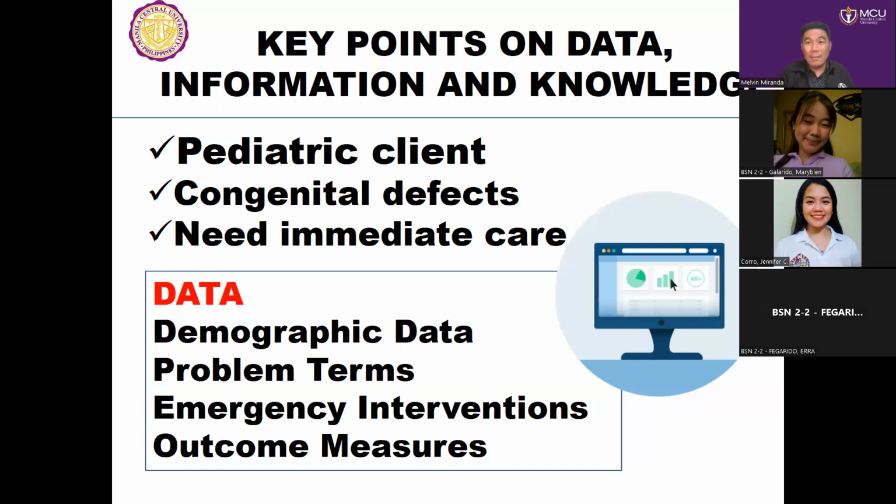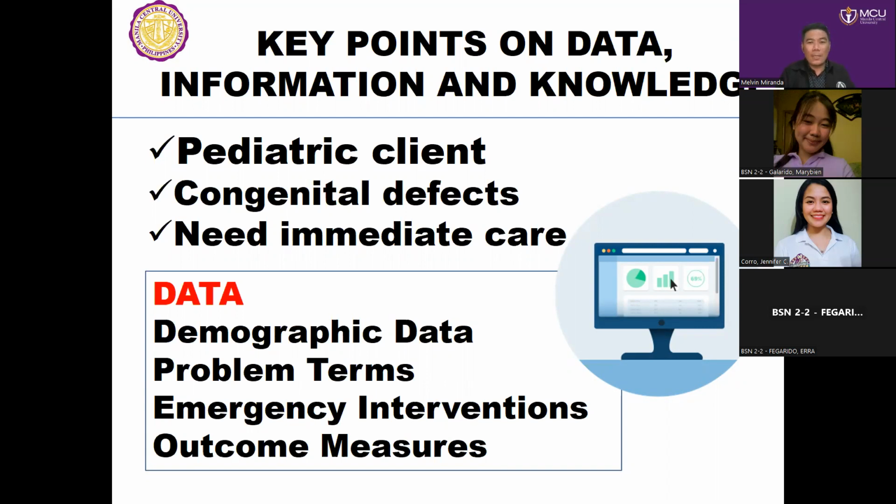However, the pediatric client, pwede pa natin ma-consider yan as information kasi the pediatric itself is specified among the client groups. Okay? The client groups. Yung congenital defects, it could already identify as a problem term. However, what congenital defects? So kung in-identify congenital heart defects, okay, that becomes an information.